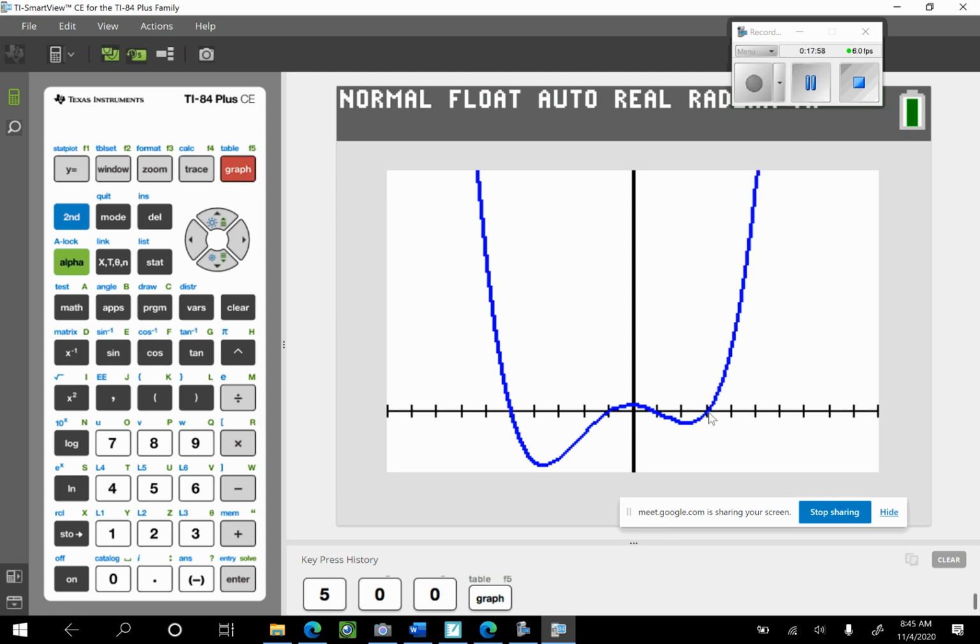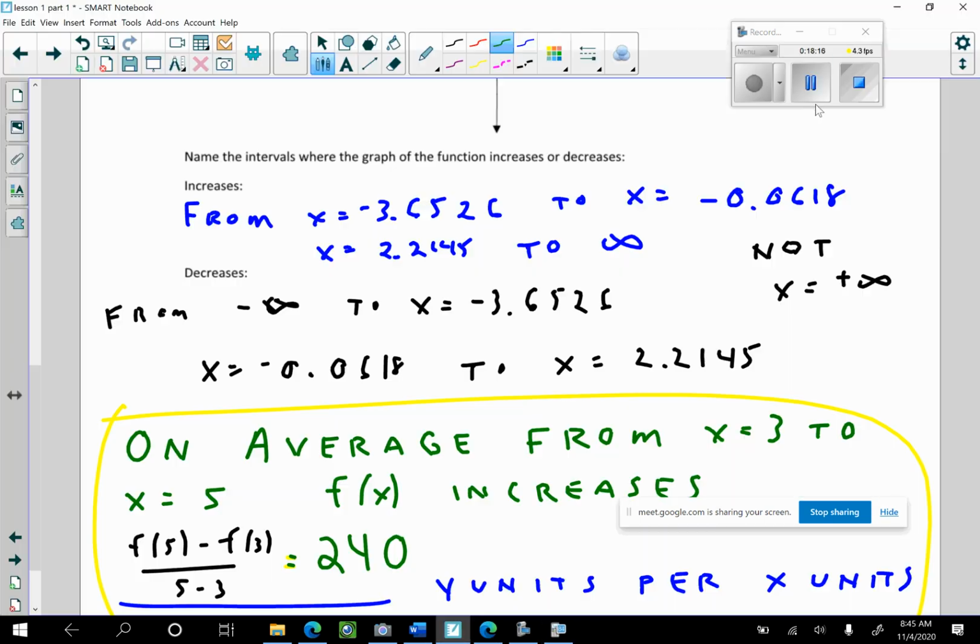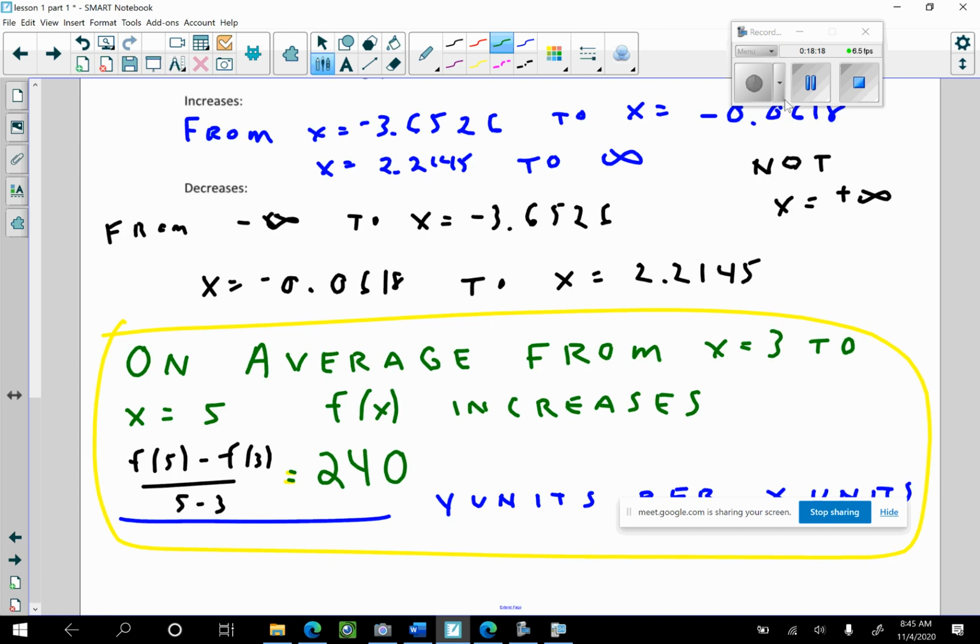I looked at the average rate of change from 3 to this 5 value right here. That's the slope of that line, and that is a very, very steep line. It goes up 280 and over 2. That's what you're doing when you're finding the average rates of change.